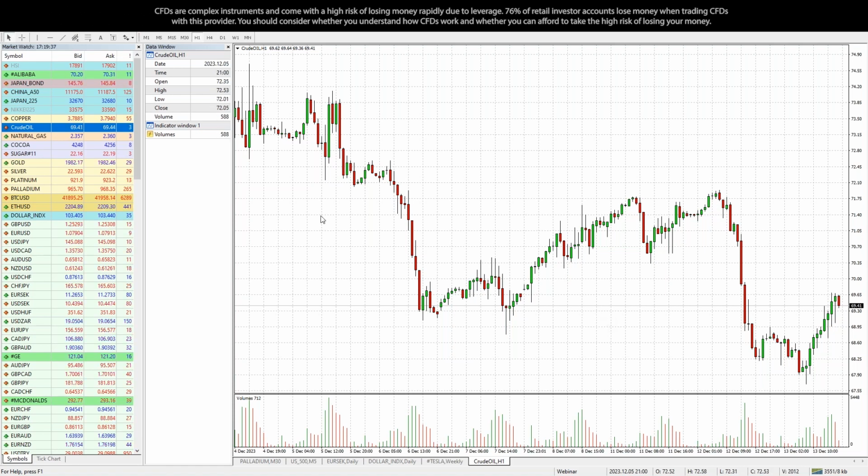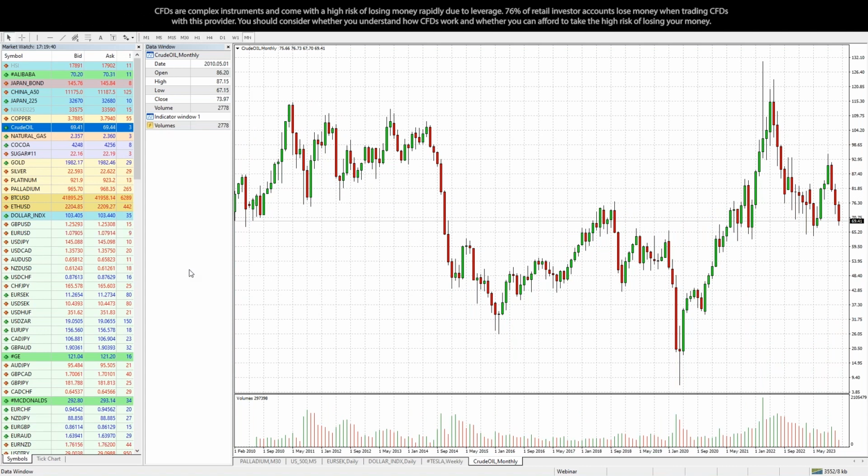Oil, again, let's learn one thing. Let's pretend we have no idea what this is. Could be potatoes or orange juice or, I don't know, pork chops. Here's oil. It went down, if you remember, when the pandemic hit. At some point, it went to the negative zone.